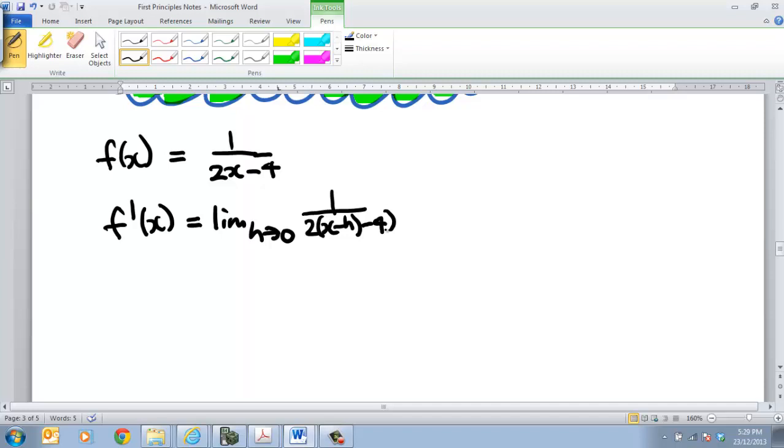I need to get rid of that bracket, don't need that there. So we've got our x plus h in there, and then we're going to take away our f of x, which is 1 over 2x take 4, and then that's all over h.